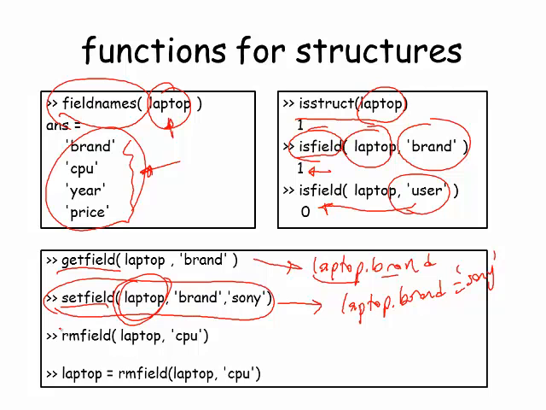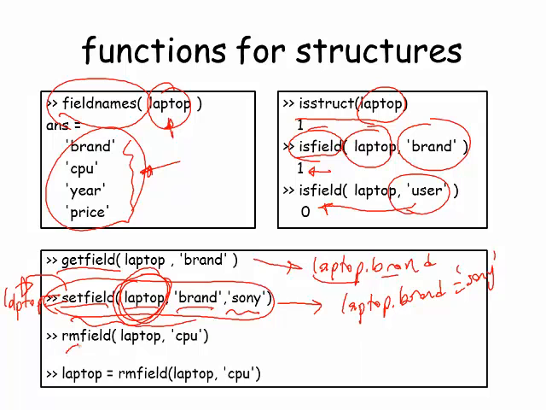So this will generate a new structure that it will return. And in that new structure, the brand field will be equal to Sony. And your original laptop structure is not modified. If you want to modify your original laptop structure, you would have to say laptop equals setfield and so on.